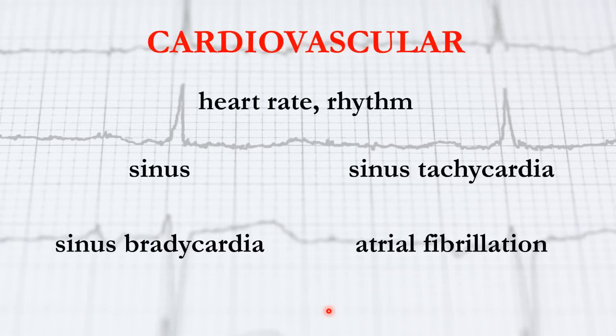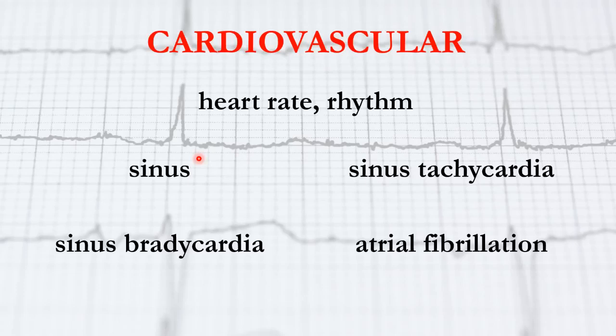Let's go over the terminology again. Tachy means fast, so a fast heart rate. And brady, on the other hand, means a slow heart rate. Now, what's the normal range for the heart rate?